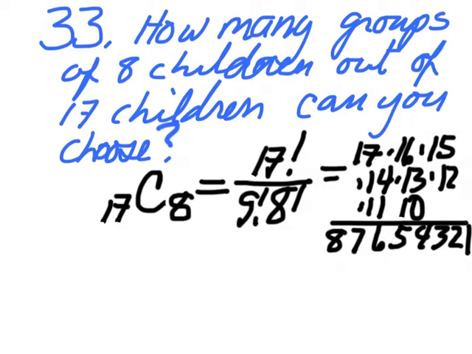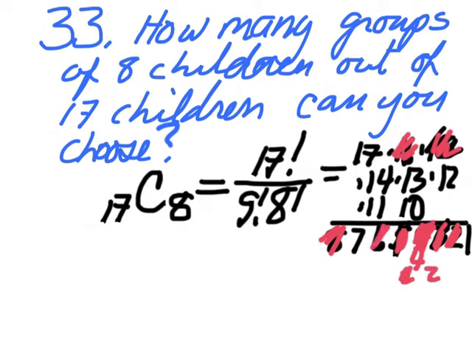I'm going to cancel the 5 and the 3 with the 15. Let's see, the 4 and the 2... I don't want to do that. Keep the 4. Let's go 2 and 8, cancel with the 16. And then the 4, let me split the 4 up into 2 times 2.